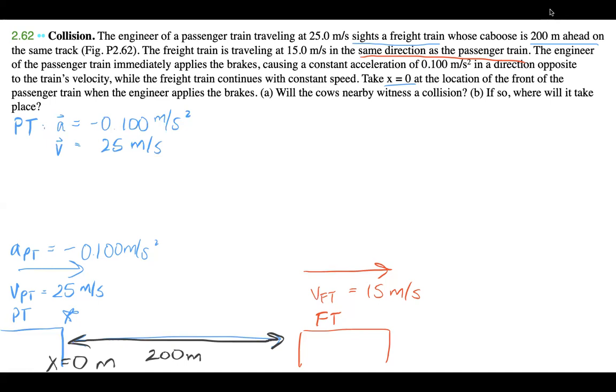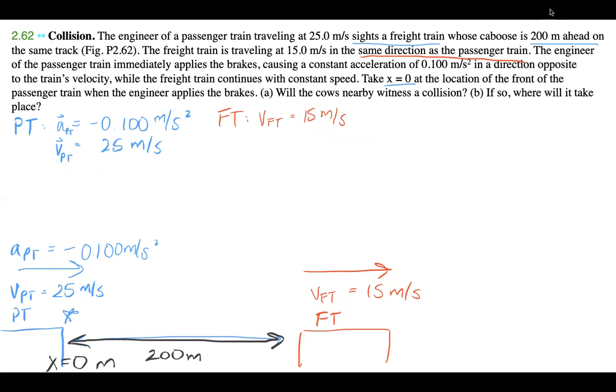Let's label that as PT. Then for the freight train, V freight train is equal to 15 meters per second. And that is the information that we have.